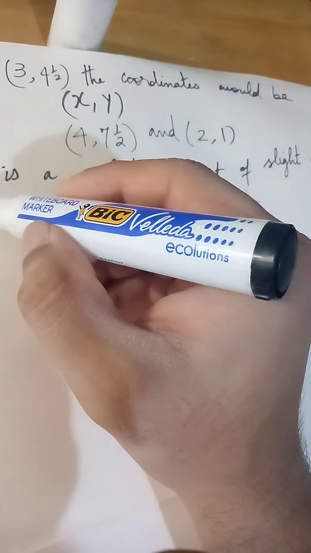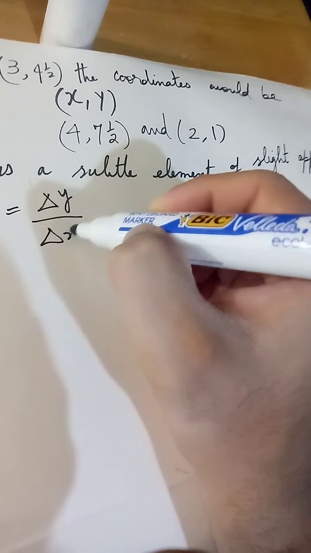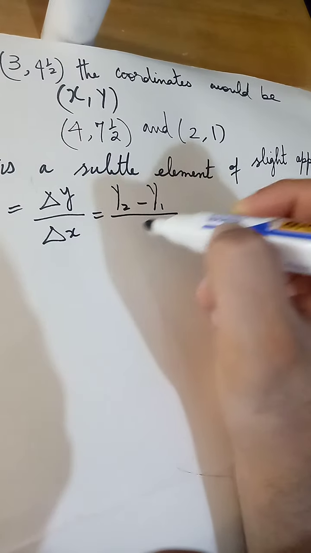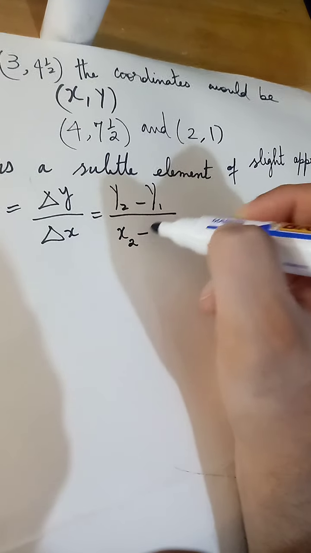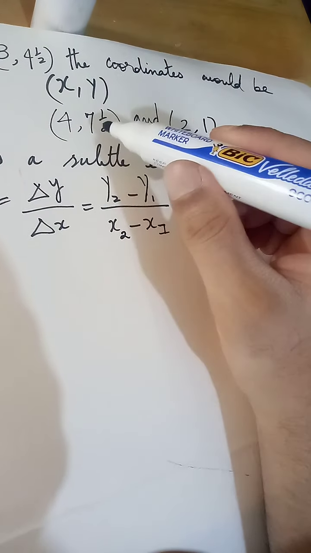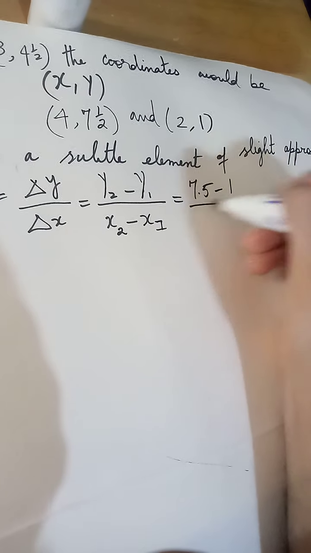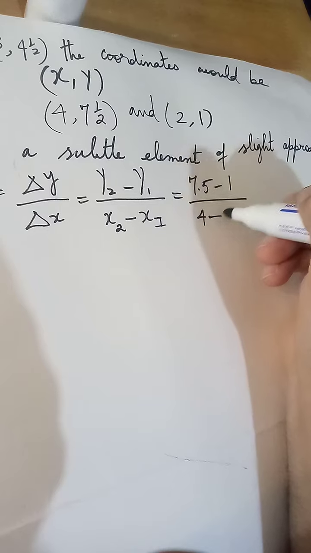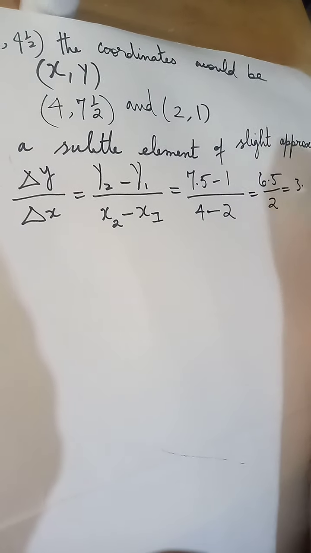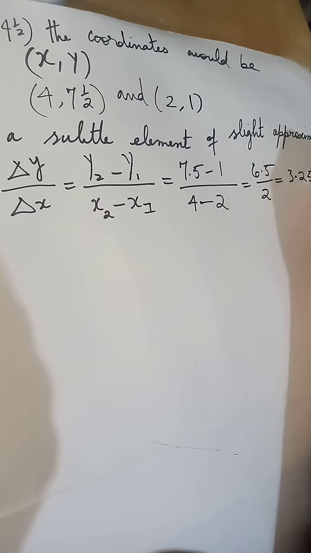Now the gradient would be modulus delta y over delta x, which is y subscript 2 minus y subscript 1 over x subscript 2 minus x subscript 1. So it'll be 7.5 minus 1 over 4 minus 2, 6.5 over 2, that's 3.25.